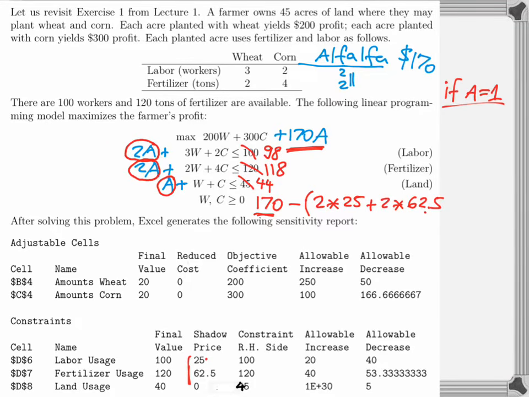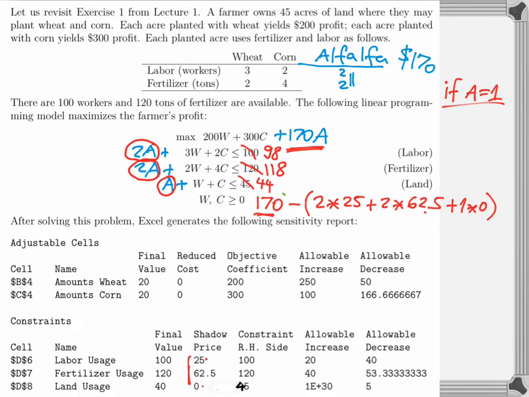If I lose 1 acre of land, because I planted the one with alfalfa, the loss here is 1 acre. But the sensitivity report says, no worries, it's 0. So what I have here is the following.